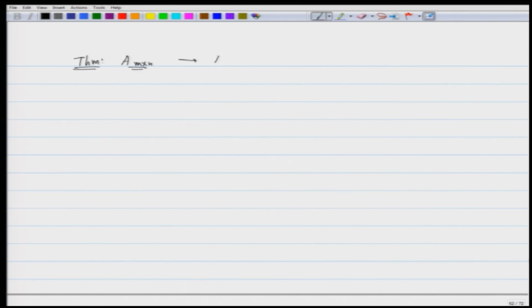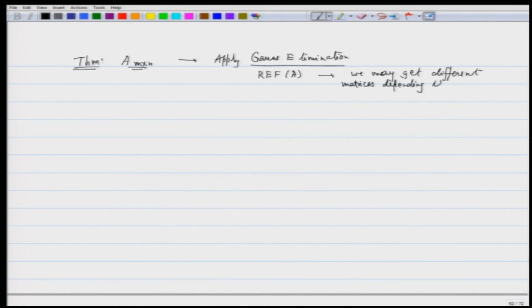If you just apply Gauss elimination, or you just write the corresponding REF, if you compute REF of A, then it may happen that we get different matrices depending on the pivots chosen.